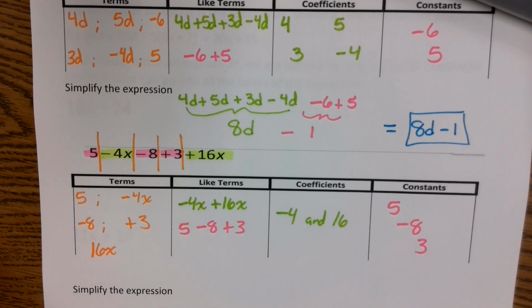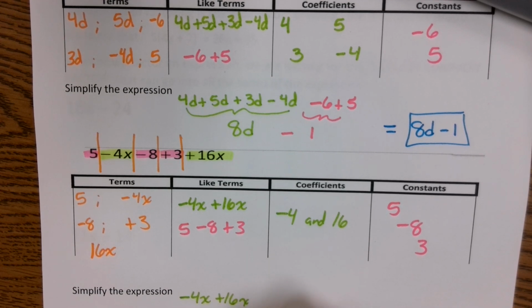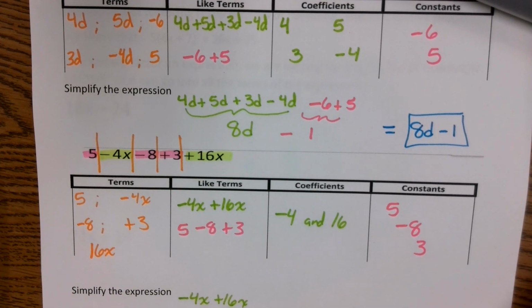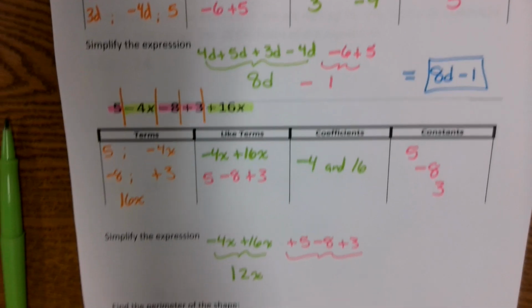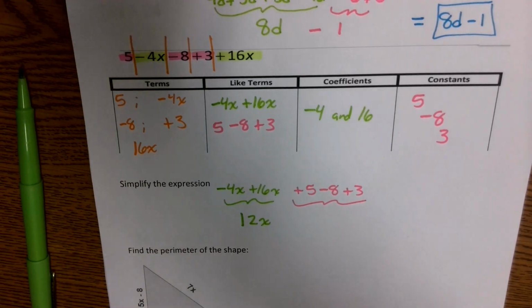Those are our constants. All right, if we go ahead and combine our like terms to simplify it, we have -4x plus 16x. When we combine that together, that's going to give us a +12x. And then when we combine our numerical terms, we have a positive 5, a negative 8, and a positive 3. 5 minus 8 plus 3.